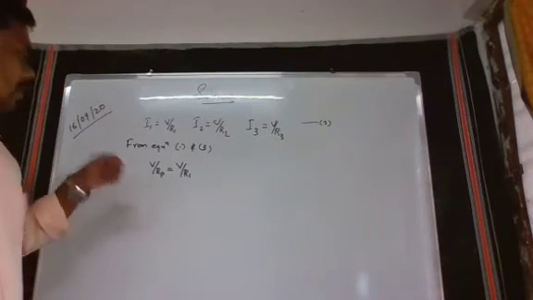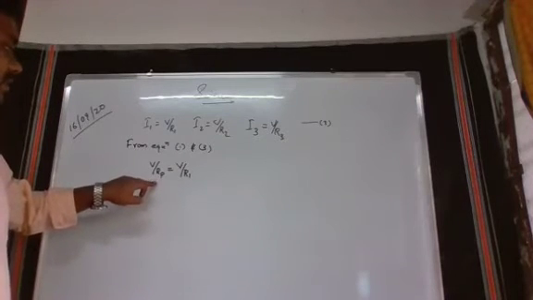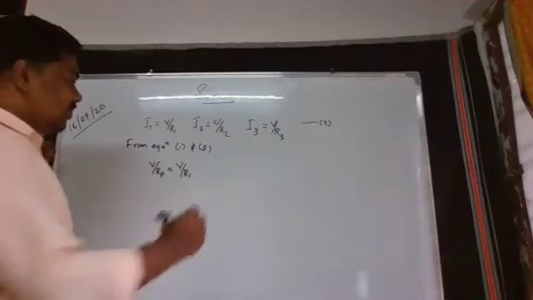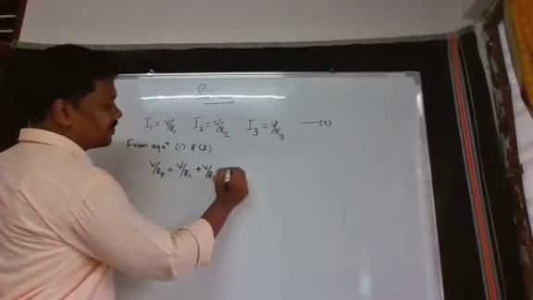That means potential difference by total resistance is equal to V by R1 plus V by R2 plus V by R3.